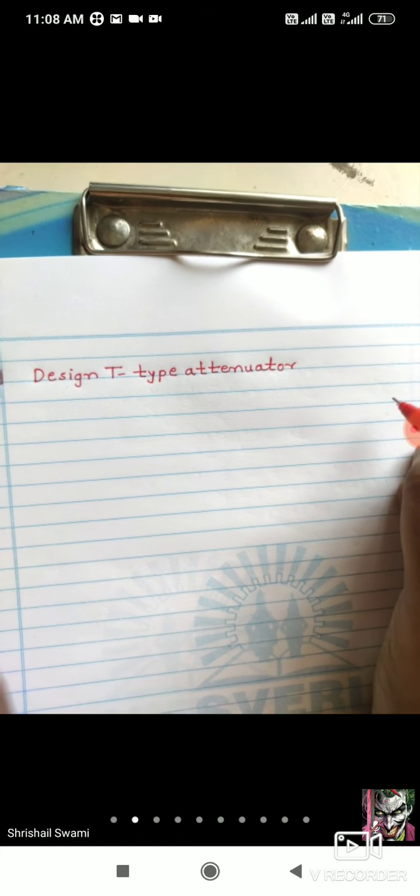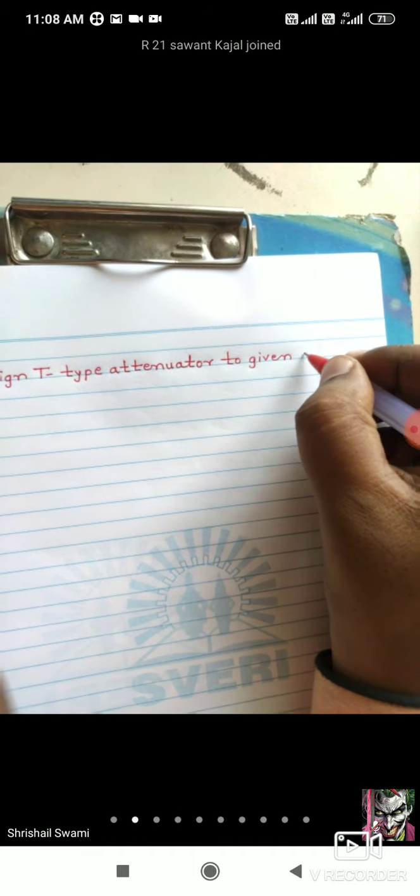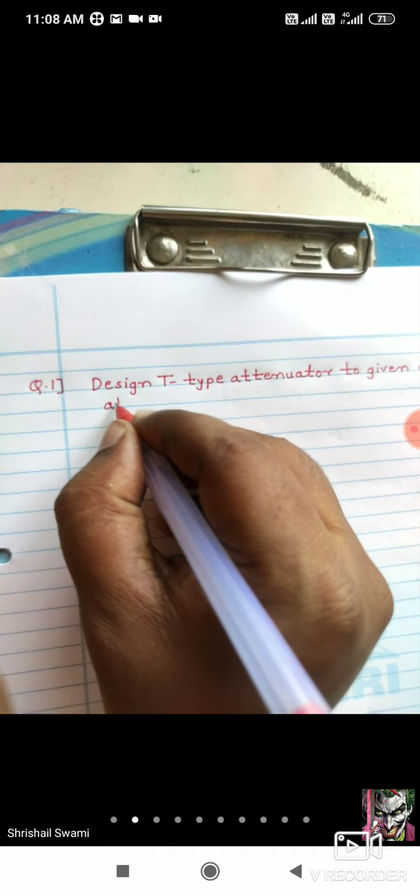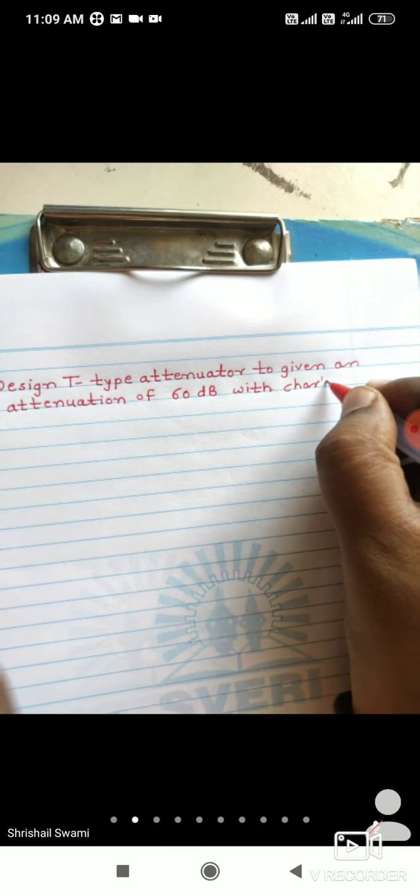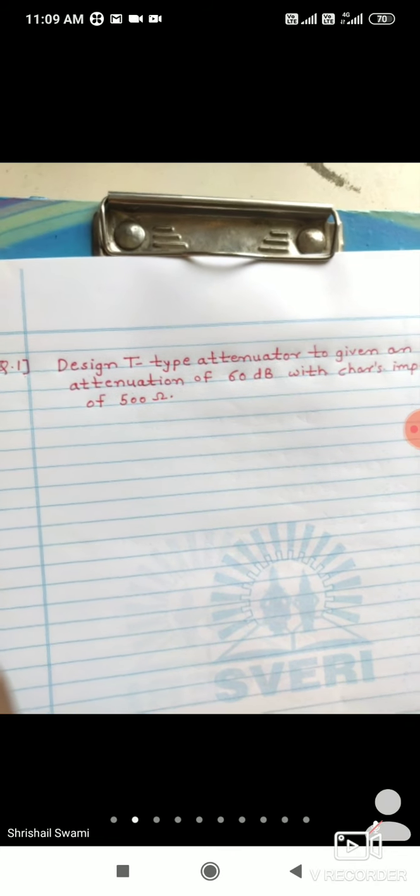Design T-type attenuator to give an attenuation of 60 dB with characteristics impedance of 500 ohm. So this is the question.